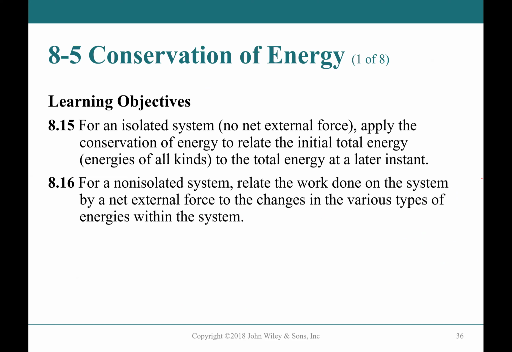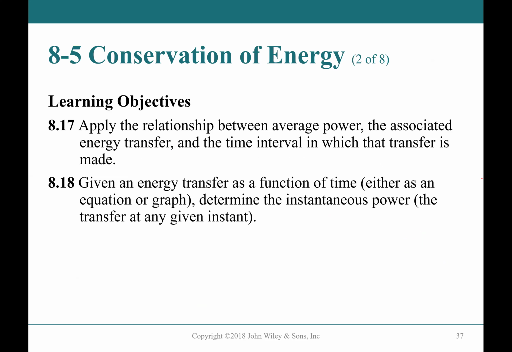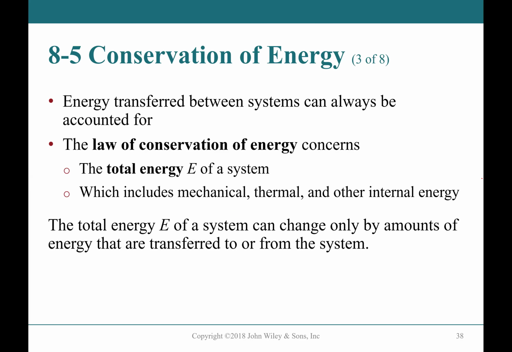This is the same as 8.3, so we can take a look at this. Energy transferred between systems can always be accounted for by the law of conservation of energy. So it's the total energy of a system, which includes mechanical, thermal, and other internal energy.